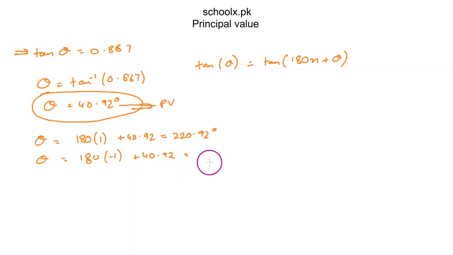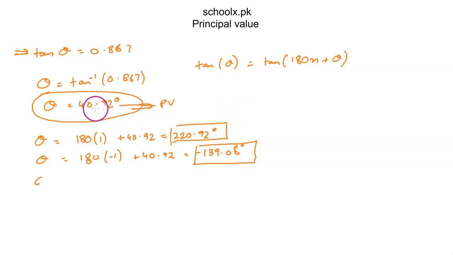This gives us negative 139.08 degrees. Then that's it. If you find other values of theta, they will exceed the range, either its lower limit or its upper limit, which was from minus 360 degrees to 360 degrees.